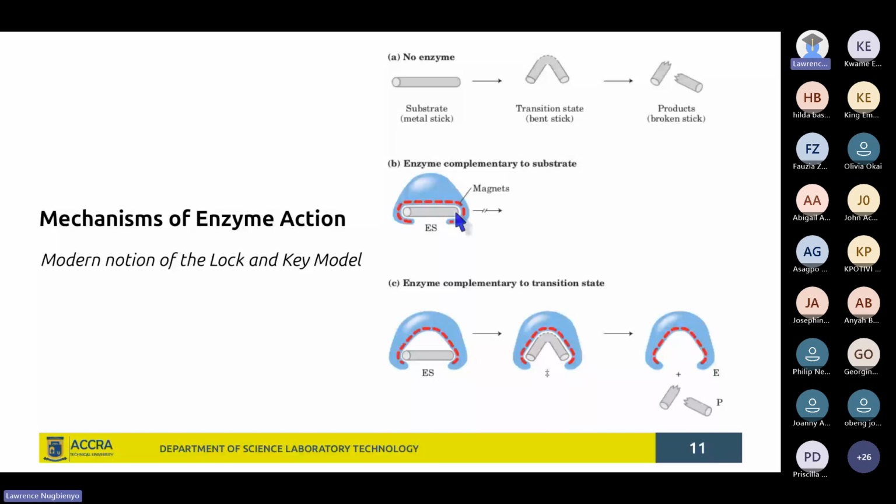We did talk about reaction energy profile, and we talked about what we refer to as an activation energy, where substrates that are at a ground state attain activation energy to their transition state before they react and form products.